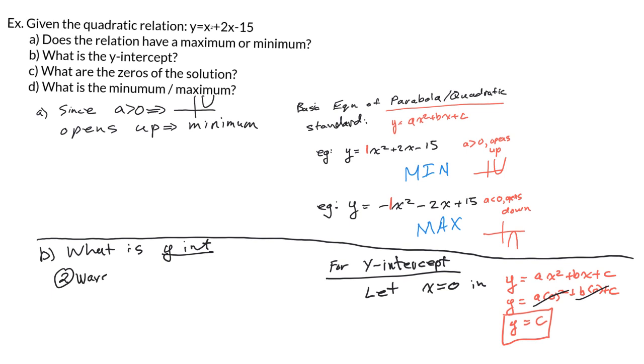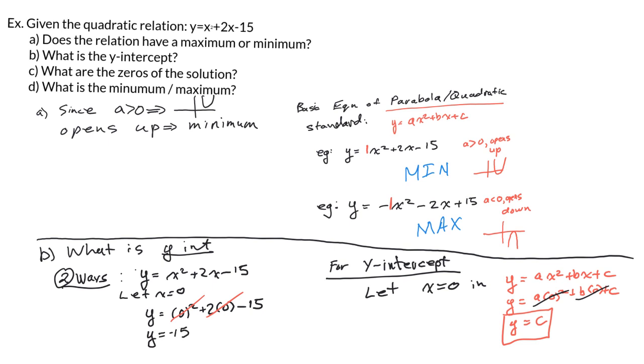Two ways. One, for y is equal to x squared plus 2x minus 15, we let x equals 0. So now you've got y is equal to 0 squared plus 2 times 0 minus 15, right? And then you end up with 0 going away, and 2 times 0 goes away. So you're left with y is equal to 15.